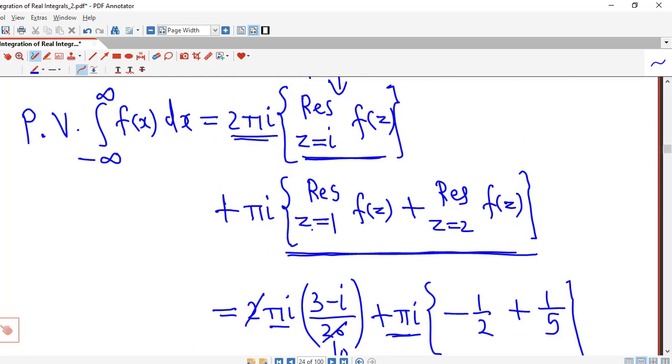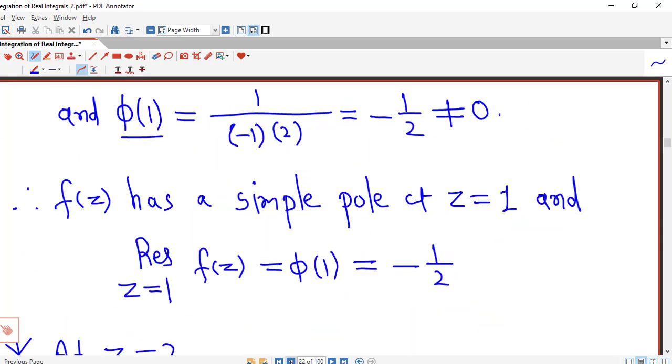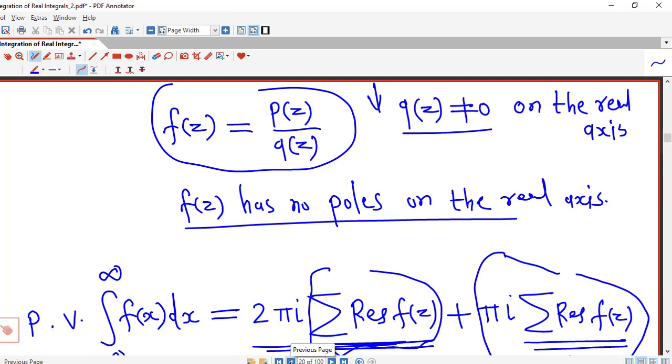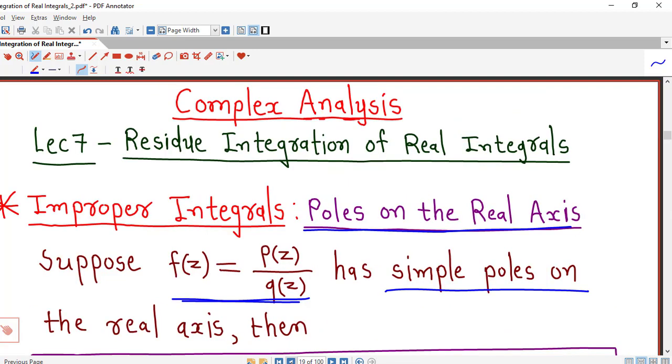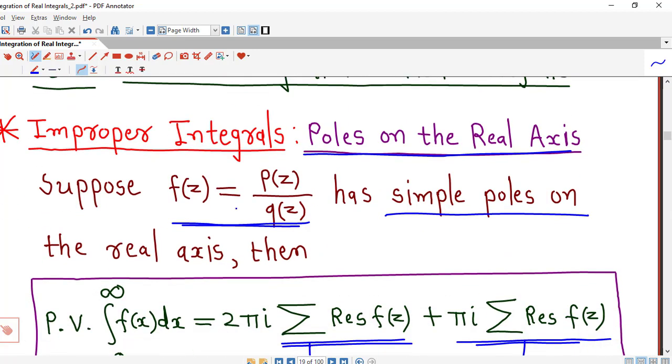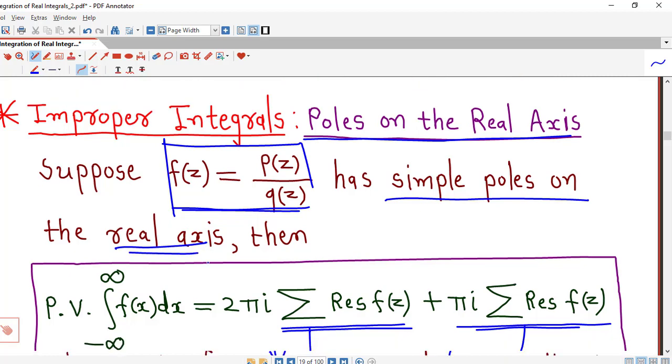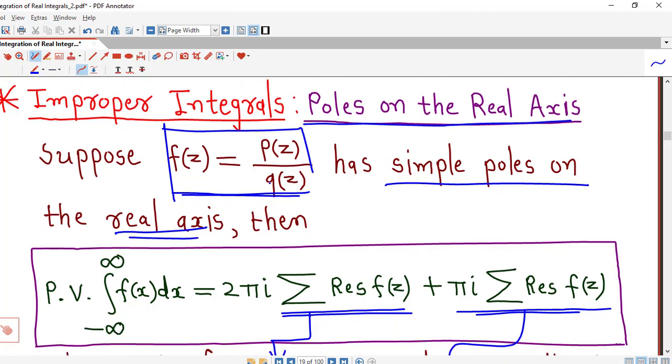So this is all about this lecture. What is special in this lecture is that we have considered an improper integral in which our function f of z has simple poles on the real axis. In earlier lectures we considered functions for which there are no poles on the real axis.